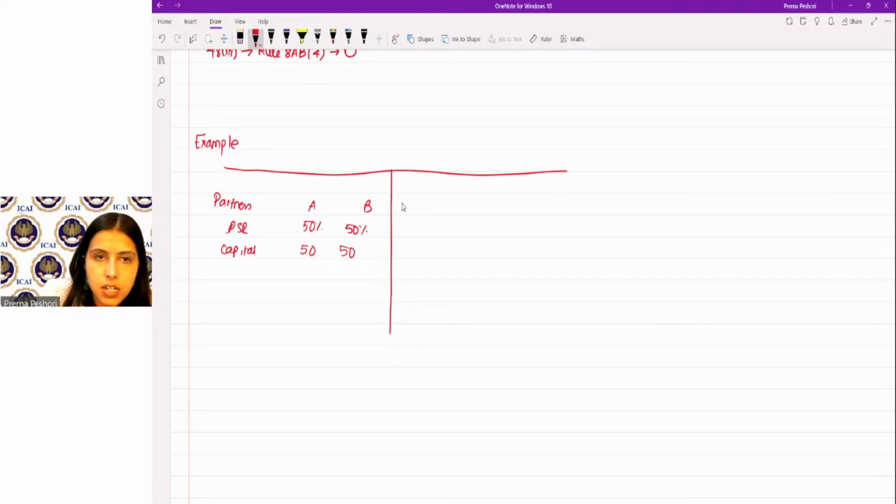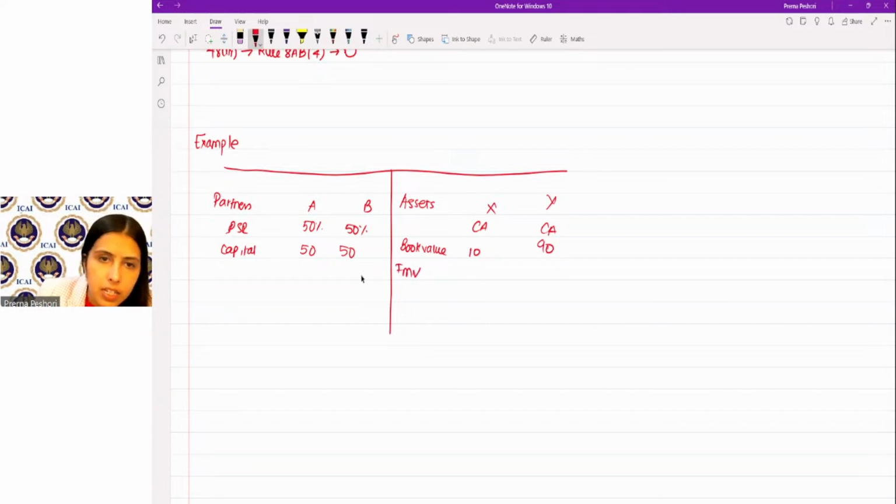My assets are X and Y. Now both are capital assets. My book value is 10 and 90. Now both are revalued.